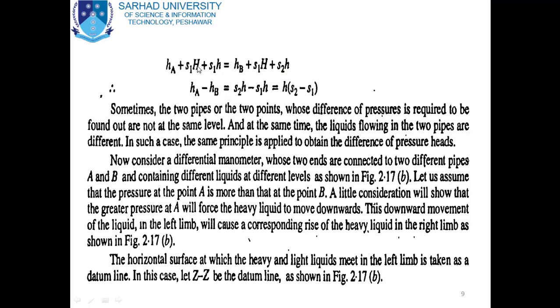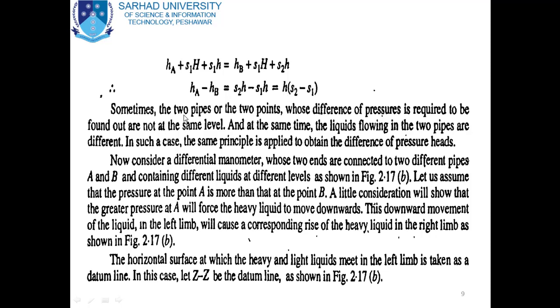This S1H and this S1H are common on both sides, so this will cancel out, and we will get HA minus HB, meaning the difference of pressure between the 2 points, is equal to S2h minus S1h, or taking h common, h into (S2 minus S1). So this will give you the difference of pressure between the 2 points, which are A and B.